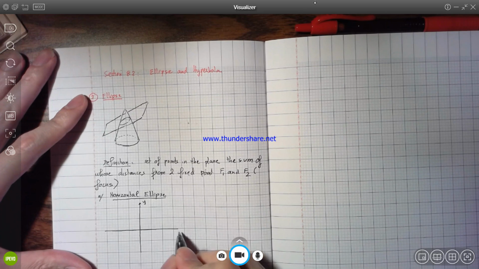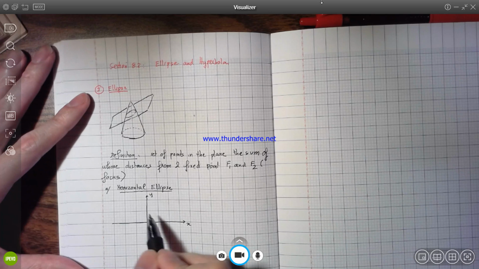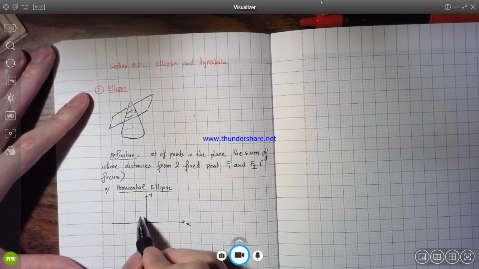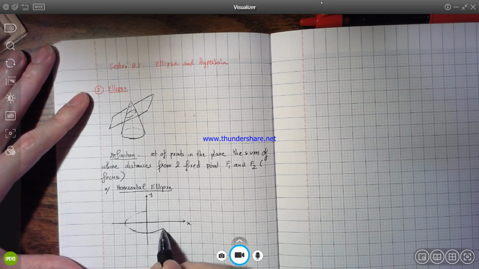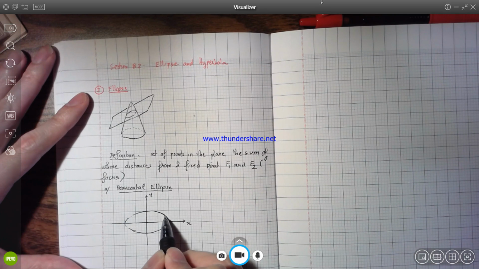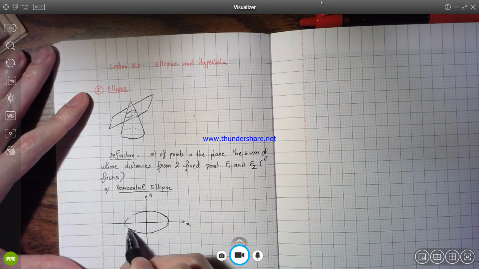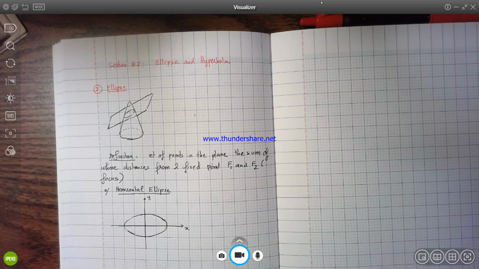This is y, this is x. So a horizontal ellipse looks like this. I'm trying to draw a perfect ellipse. Something like that. So this is a horizontal ellipse.